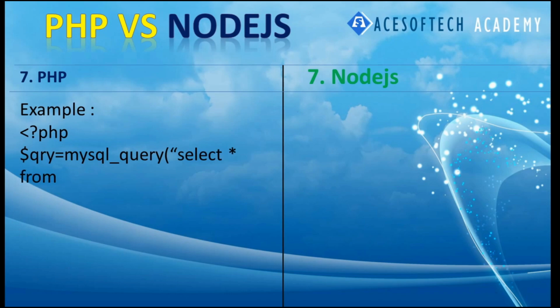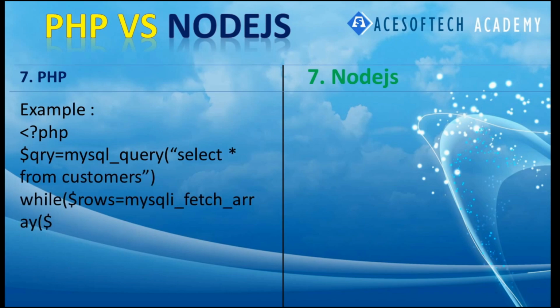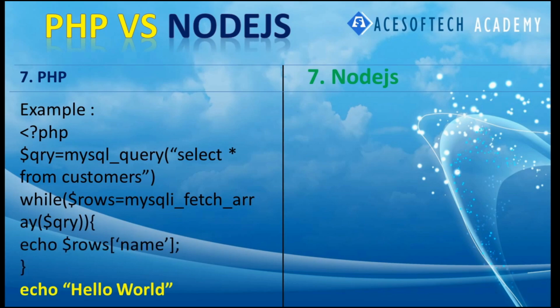Suppose you have a table having more than 1,000 records. For example, there is a customer table in which there are the name, address, etc. of around 1,000 customers. Now, in case of PHP, I've written a MySQL query here, select star from customers, and then I'm writing the while loop and just displaying the customer's name.